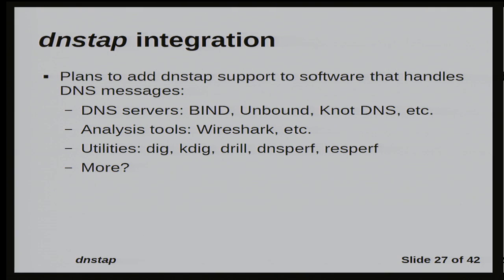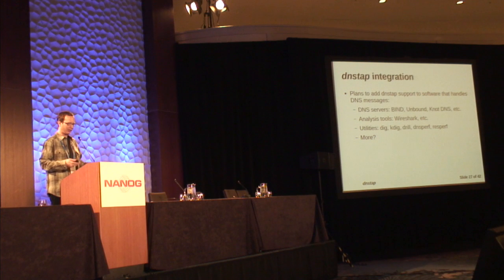We have fairly ambitious plans to add dnstap support to a variety of different software that handles DNS messages. You have DNS servers: BIND, Unbound, Knot. You have analysis tools like Wireshark. You have various command line utilities like dig, kdig, drill, and benchmarking tools like DNSperf and ResPerf.